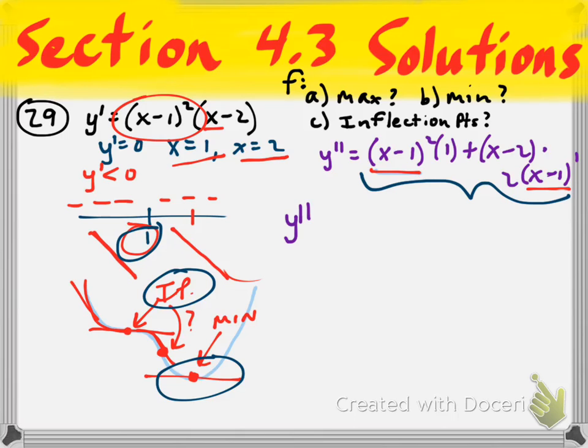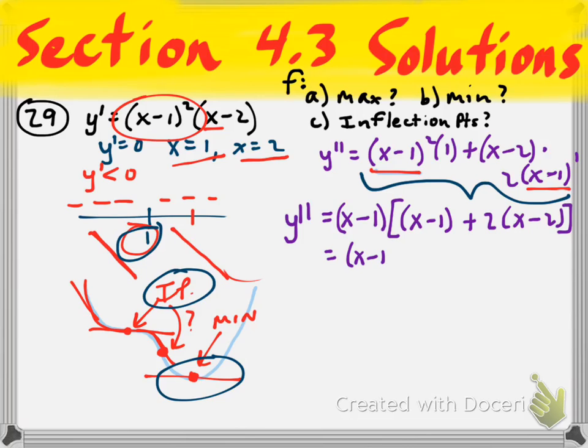So y double prime, if we factor out an x minus 1, we're going to get x minus 1 times, and then what we have for our first factor is x minus 1 plus 2 times x minus 2. Okay? And then keeping that x minus 1 factor out there and combining like terms inside the brackets, we get 3x, and then minus 2 minus 4 is minus 5.